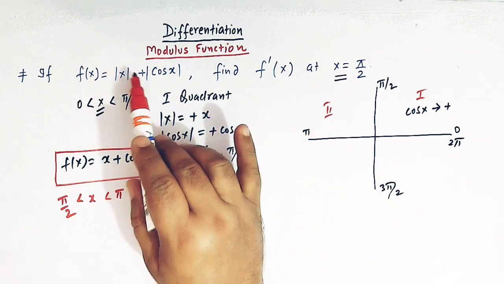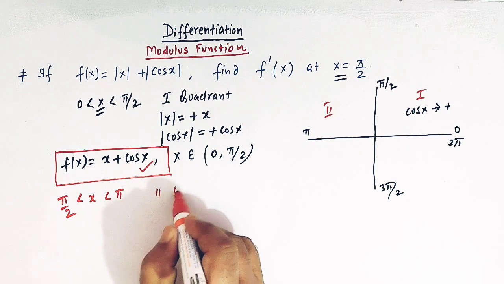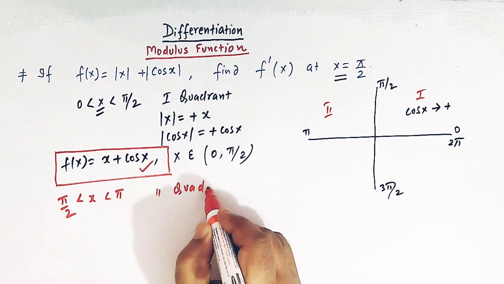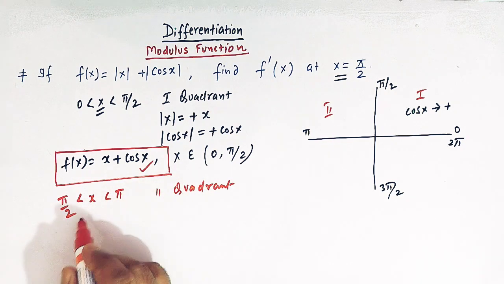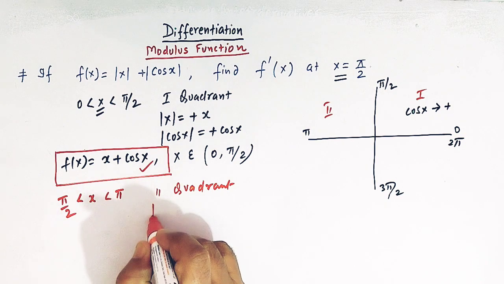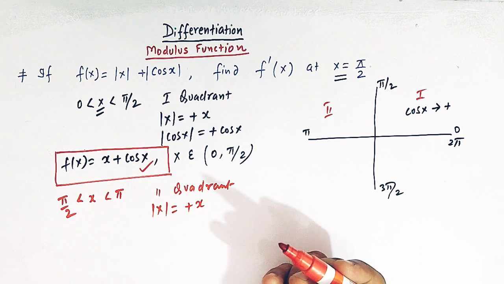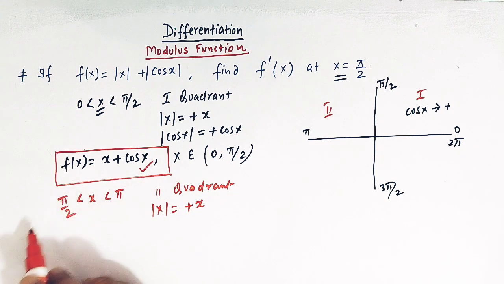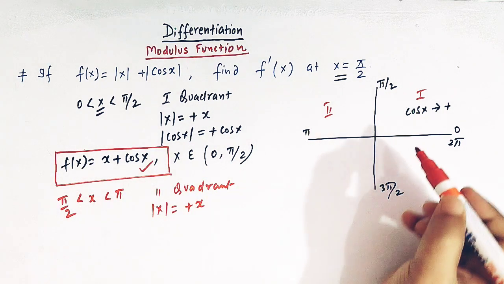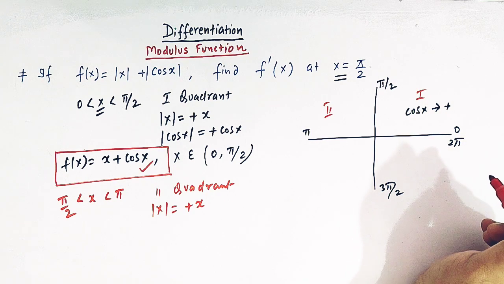And when we define this function in the second quadrant, that is x greater than pi by 2 and less than pi, mod of x is simply equal to positive x, because all the x are positive from pi by 2 to pi. Moreover, we are measuring the angles in the anti-clockwise direction.